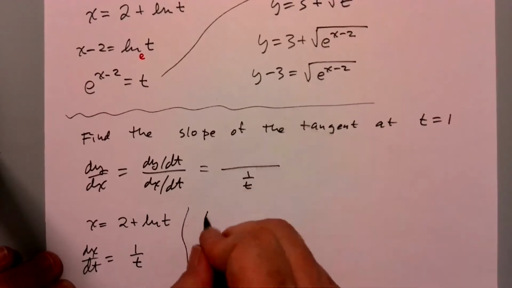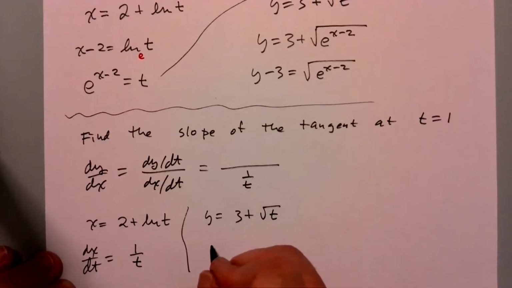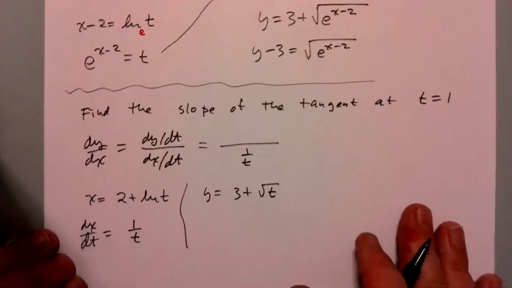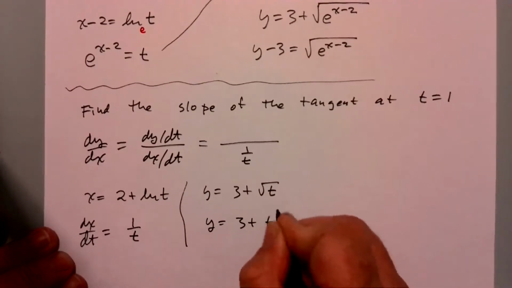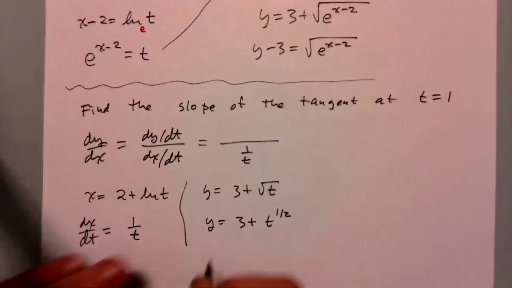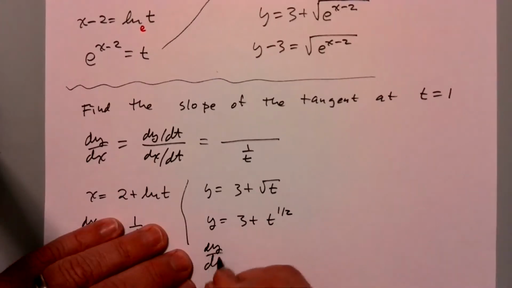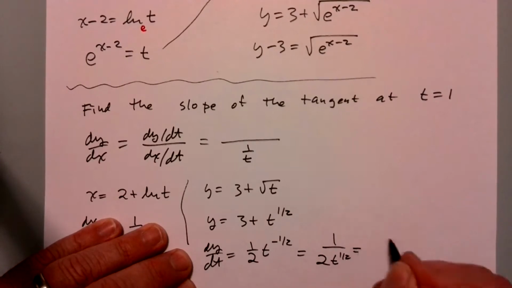What is y? y is 3 plus the square root of t. Remember what that means. So we'll say y is 3 plus t to the 1/2. How about dy/dt? dy/dt is 1/2 t to the negative 1/2, which is 1 over 2 t to the 1/2, which is 1 over 2 root t.